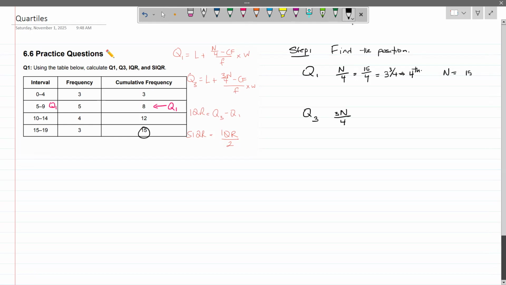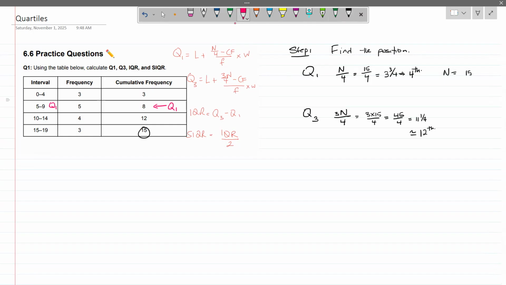Now, for my Q3 class, we're doing the same thing, 3 by 15 over 4, which is 45 over 4. And this will be 11 1/4. Again, we don't have an 11 1/4 position. We passed 11, so we're going to round up to the 12th position.